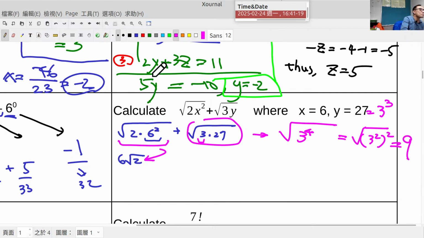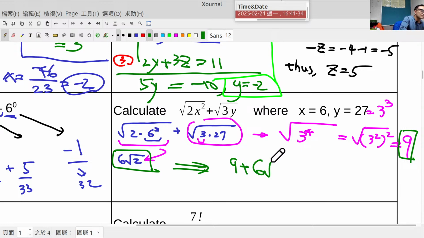Okay, so we can combine the two parts together. The first part, that's 6 square root of 2. The second part is 9. Thus the complete answer is 9 plus 6 square root of 2.